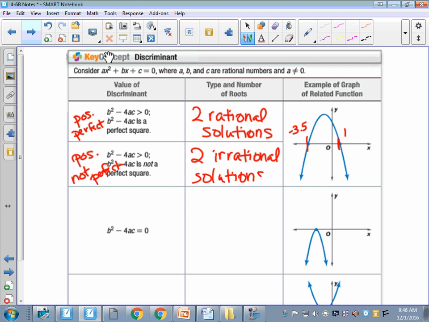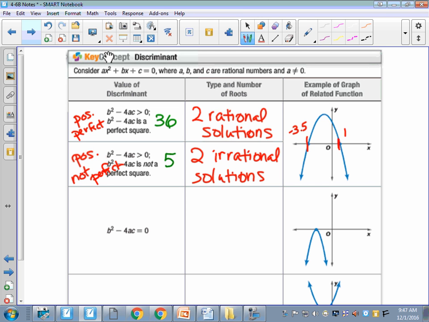To give you an example, in the very first instance, maybe your discriminant is 36. Well, 36 is a perfect square, so when you take the square root of it, it's going to become a whole number. Whereas the second example, if I give you 5, 5 is not perfect. It's positive, but it's not perfect. So you will always have a square root of 5 in that problem, and that's an irrational number.